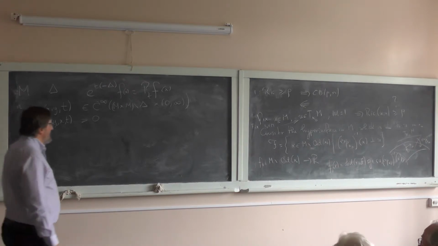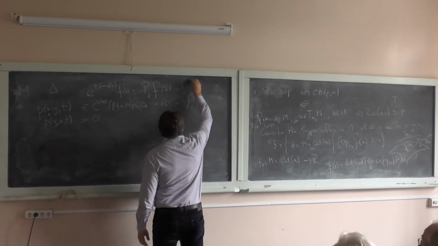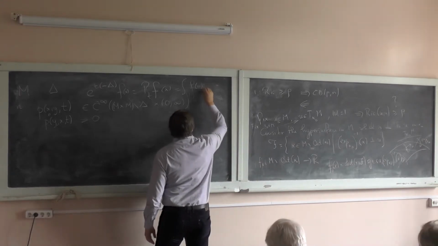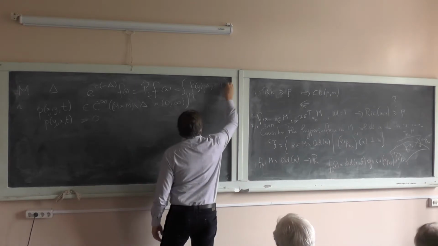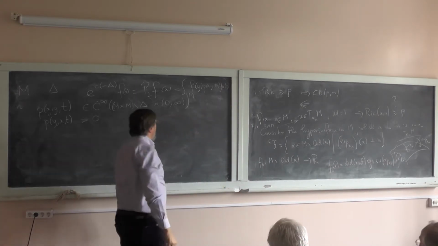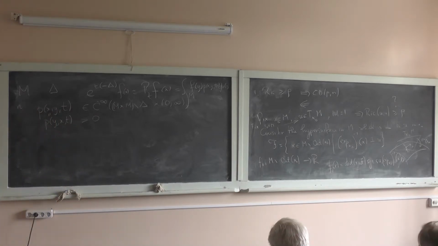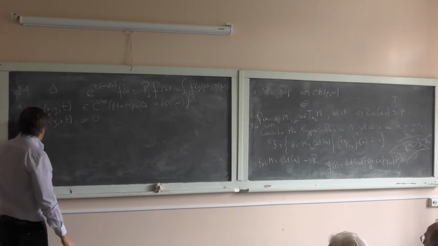So let me consider then the heat semigroup, which is defined like this: Pt f of x is the integral of f(y) p(t,x,y) d mu(y). I will endow the manifold with its Riemannian volume so that the Laplacian is self-adjoint with respect to that measure.